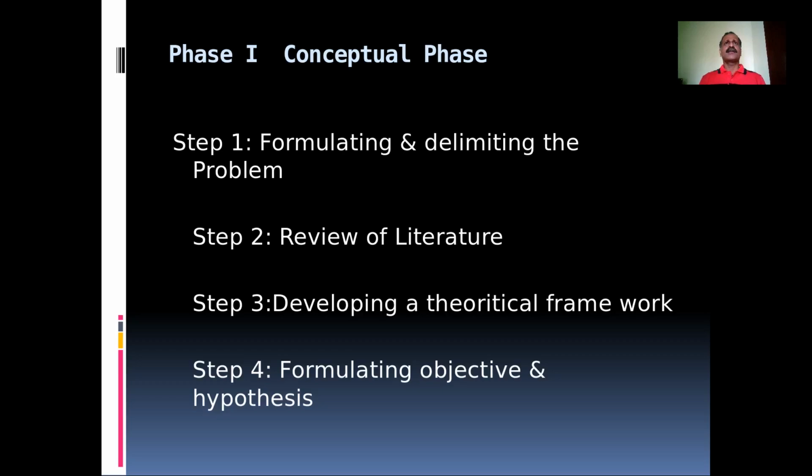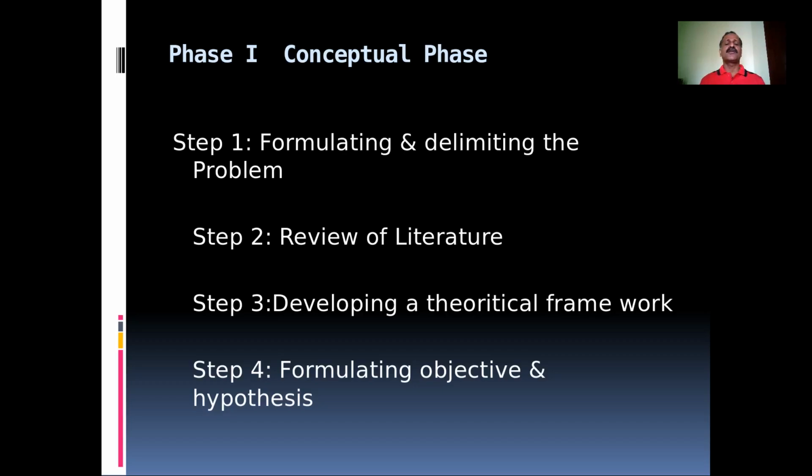And then, all these questions are not researchable. For a researchable question, according to our limitations, we have to delimit the problem. For example, we have limited time, we have limited resources, we have limited knowledge, etc. According to that, it should be converted into a researchable problem for us.